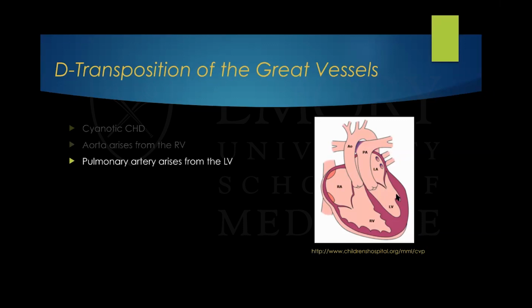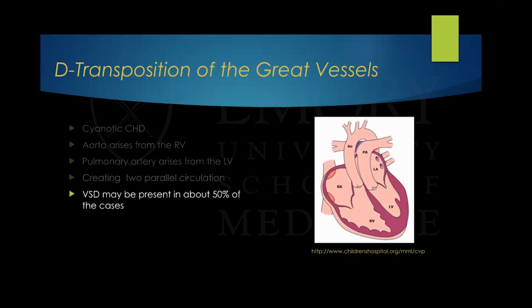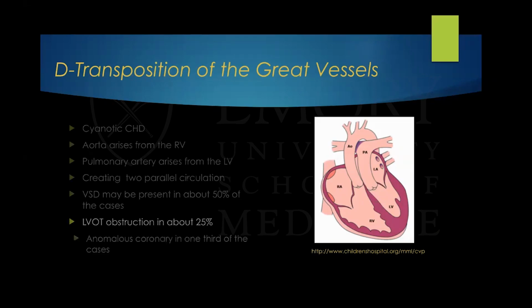So the left is on the left and the right is on the right. There is atrioventricular concordance, but there is ventricular arterial discordance. So this creates 2 parallel circulations. VSDs may be present in about 50% of the cases. There can be LV outflow tract obstruction in about 25%, and anomalous coronary in 1/3 of the cases.